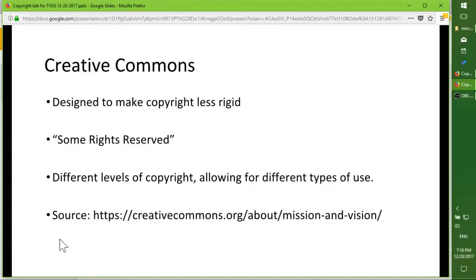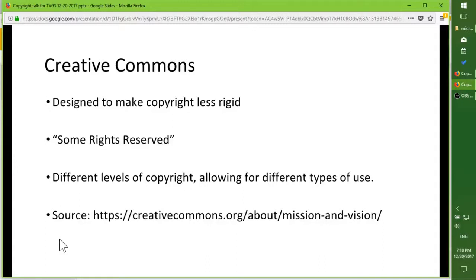And one of the things that came out of that, sort of a reaction to that, is Creative Commons. It was designed to make copyright less of a you-have-to-go-to-a-lawyer-and-get-this-all-worked-out thing. The idea was that the rules for usage were upfront.